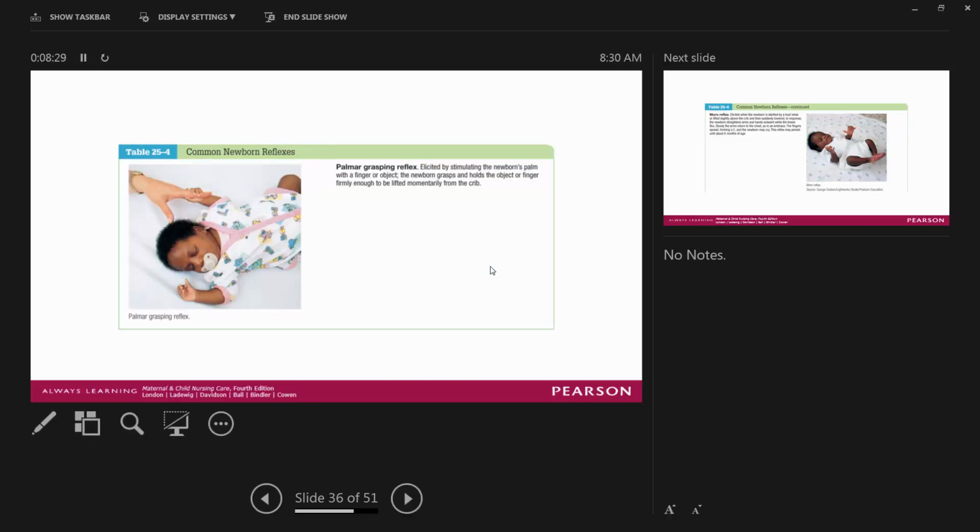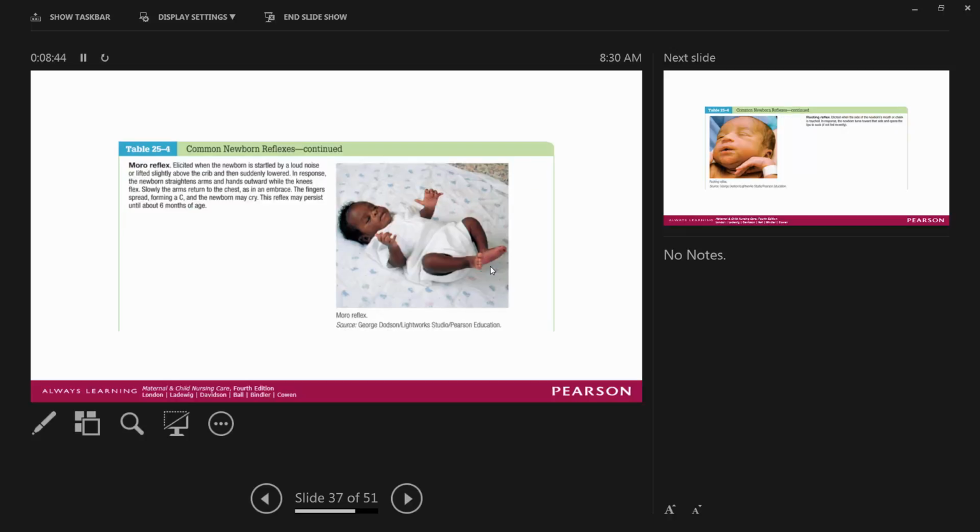And then the palmar grasp reflex. This is the reason why we don't do hand prints on babies, because the very second something touches that palm, that baby should grasp it. Okay? Palmar grasp reflex. Moro reflex is basically the startle reflex. So if you're holding a baby and you lay that baby on a table, you're going to see Moro reflex, because they're going to be like, oh my God, why is there space around me?